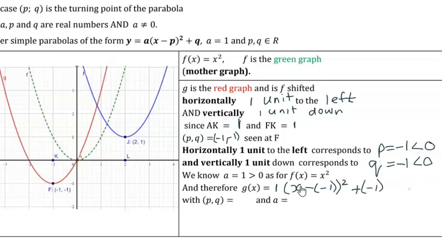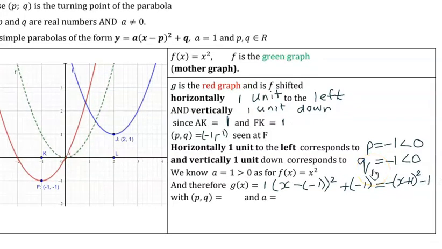So we can simplify it as (x plus 1) squared minus 1. Our (p, q) is equal to (minus 1, minus 1), and our a is equal to 1 in this case, because we said we've shifted f, we did not change f, we just shifted it.